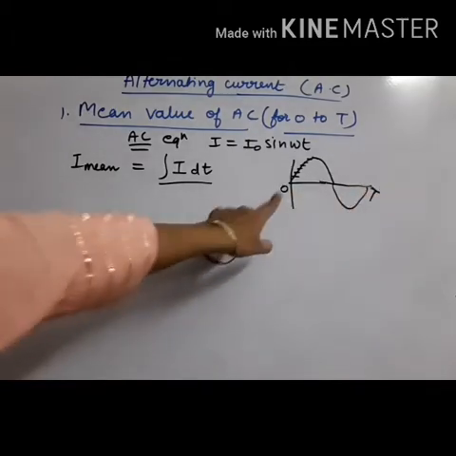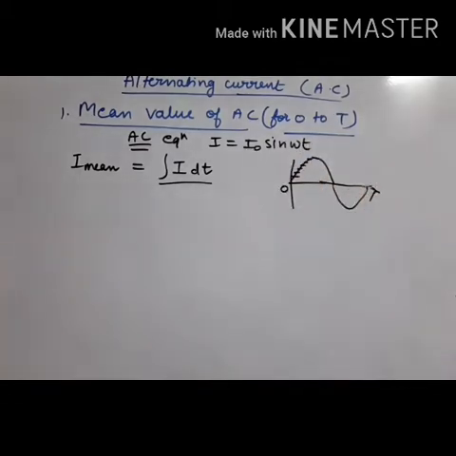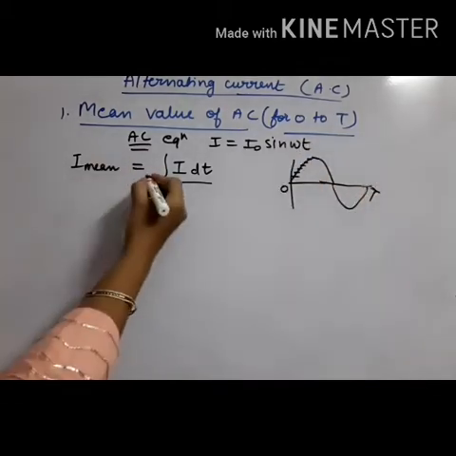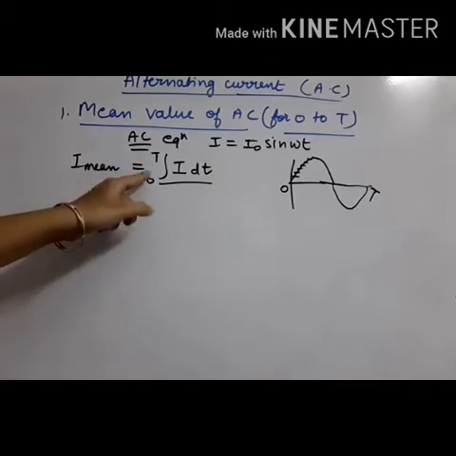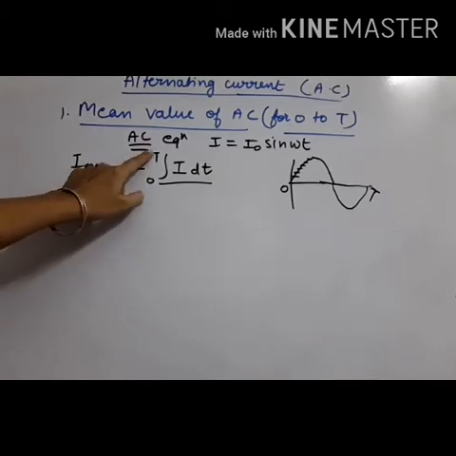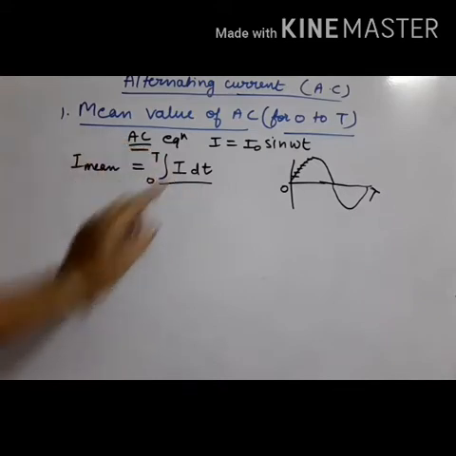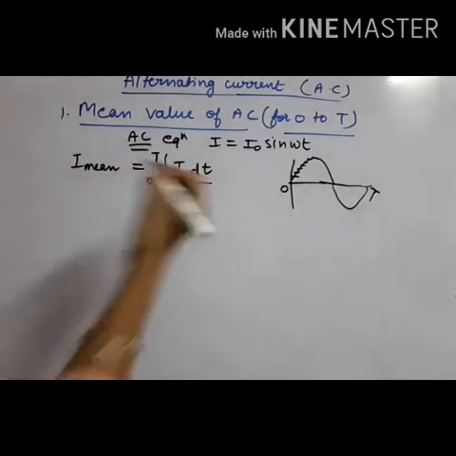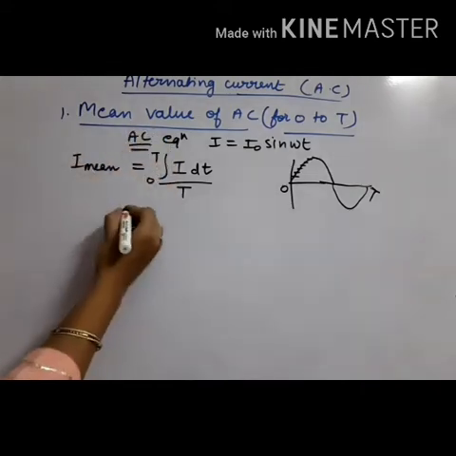So what do we denote it? 0 to capital T, in which this is one complete cycle of AC. So we have to put the limit also 0 to T. Now when we do the integration from 0 to T, that means we have taken T number of data, so here also we have to put the number of data as capital T. Now let us start doing this integration.